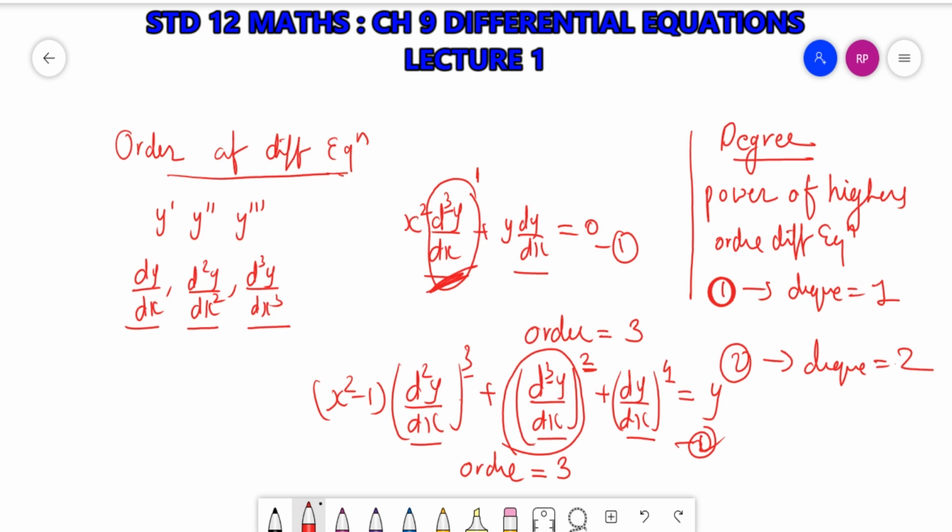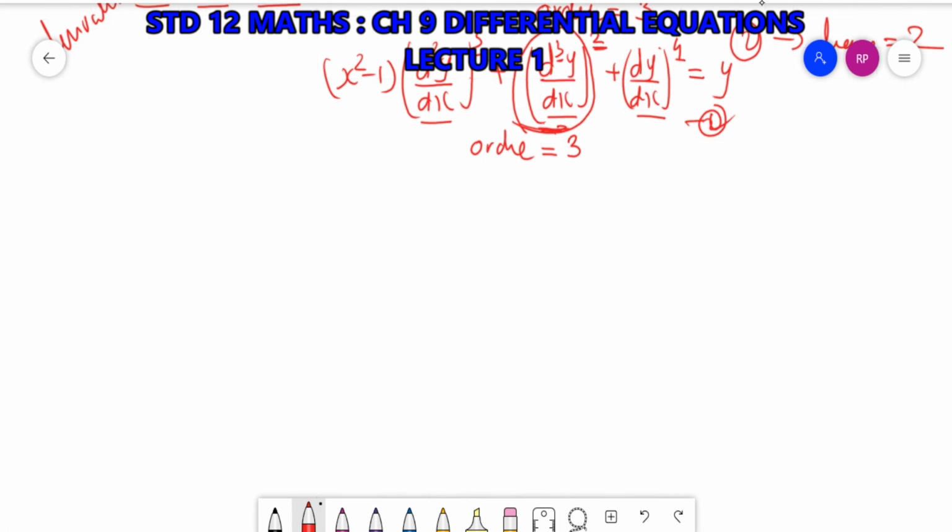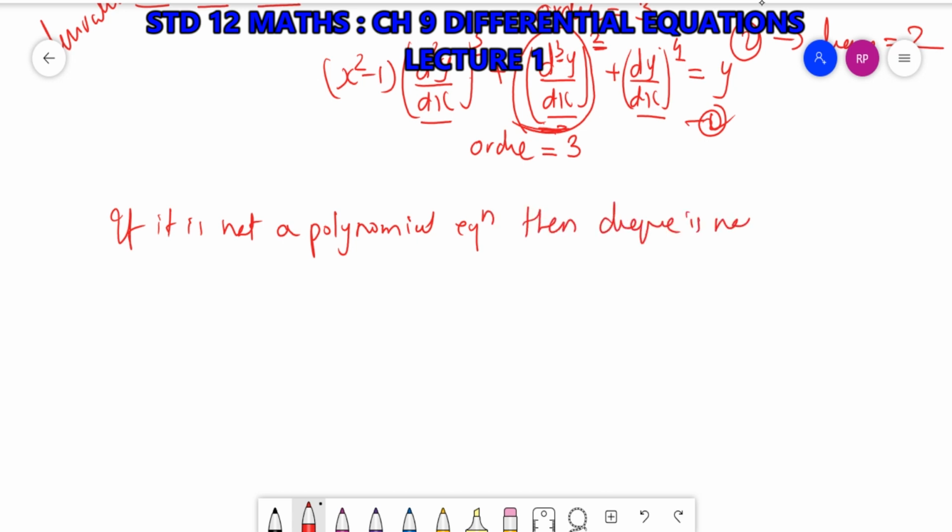So just go through it. One more thing for degree: if it is not a polynomial equation, then the degree is not defined. If the equation is in the form of y, y dash, y double dash, y triple dash directly, then it can be expressed in the form of a polynomial.